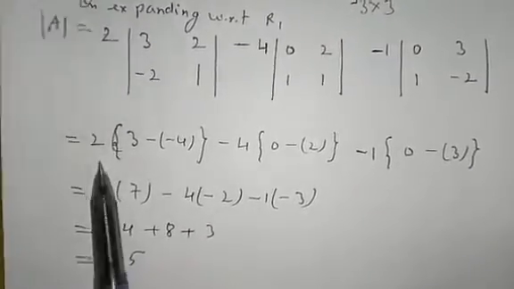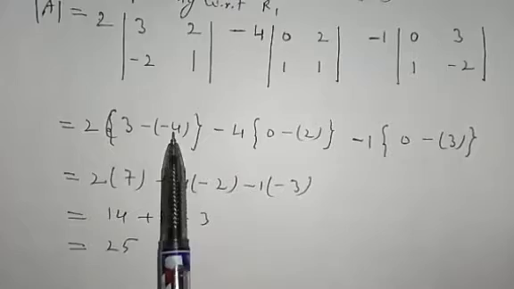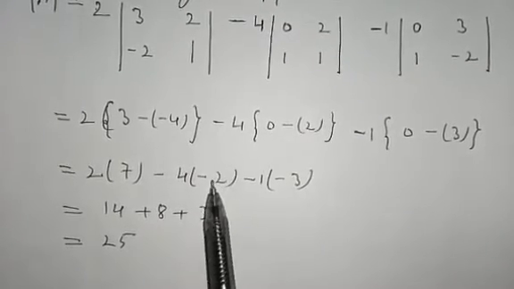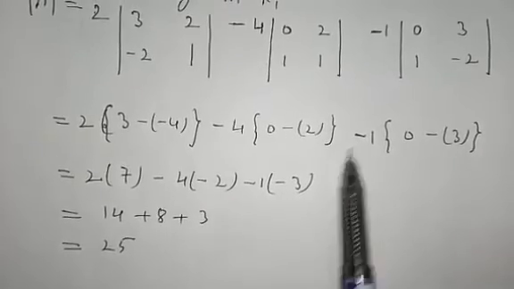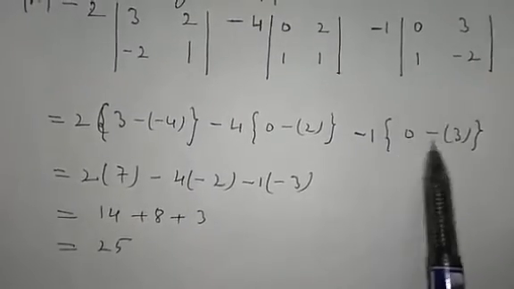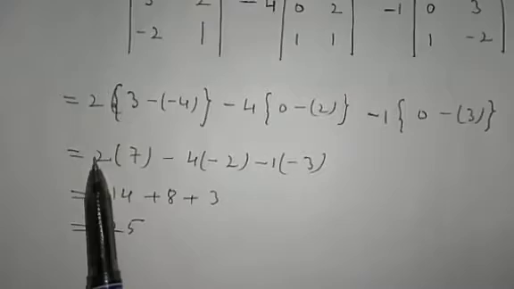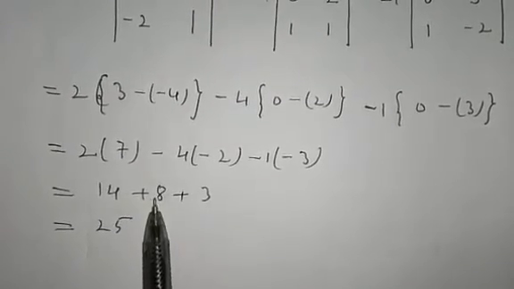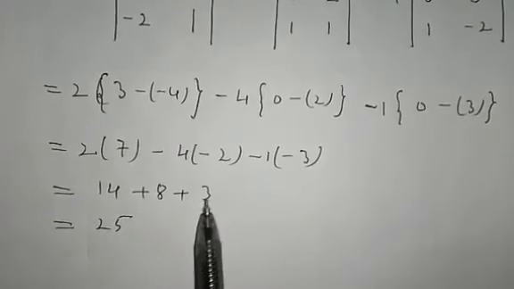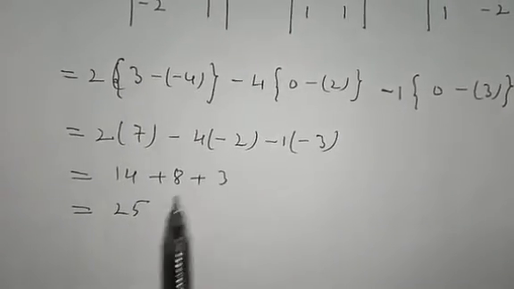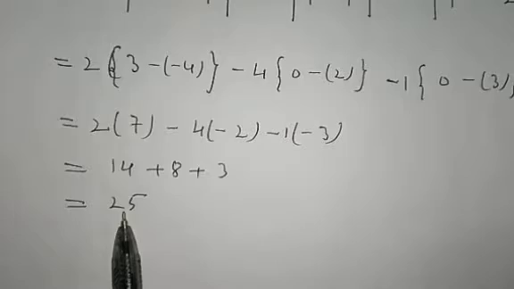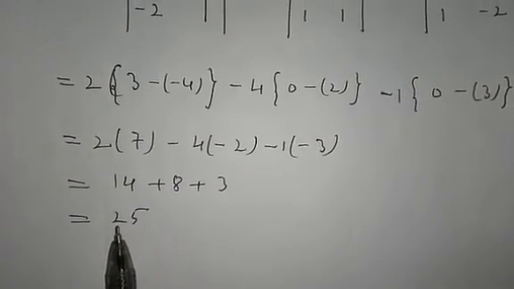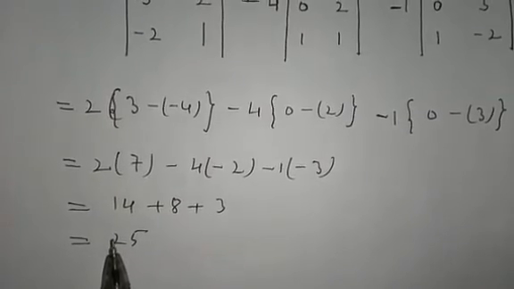Now simplify: 2 as it is. 3 minus of minus 4, 7, minus 4 as it is. This is 0 minus 2, minus 2, minus 1, 0 minus 3, minus 3. 2 sevens are 14, minus 4, and minus 2 plus 8, minus 1 and minus 3 plus 3. On adding we have 25. So in this way we calculate the determinant of a matrix having order 3.